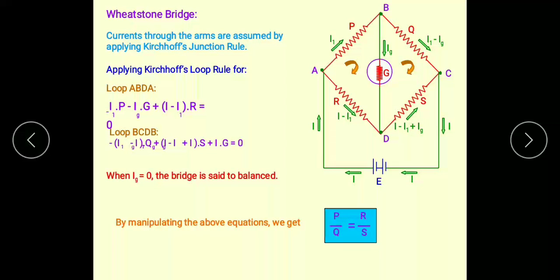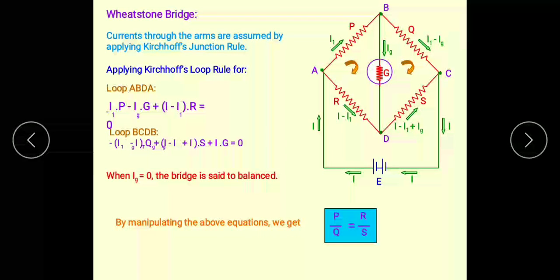Here from B to C, the current is I1 minus Ig and the resistance is Q. So the potential difference will be the product of these two, minus I1 minus Ig dot Q.